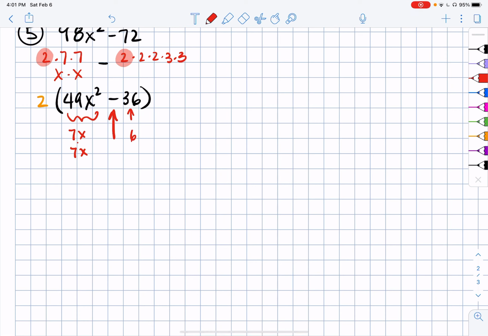How do I get that? 6 times 6. Awesome. If that is the case, then my answer is going to be that 2 GCF, right? And what I have left is going to be 7x minus 6 and 7x plus 6, which is choice D. Choice D.